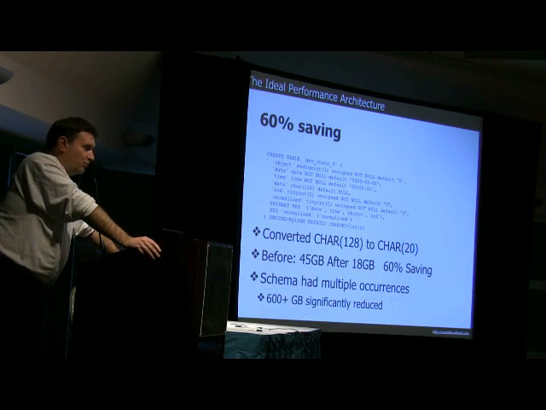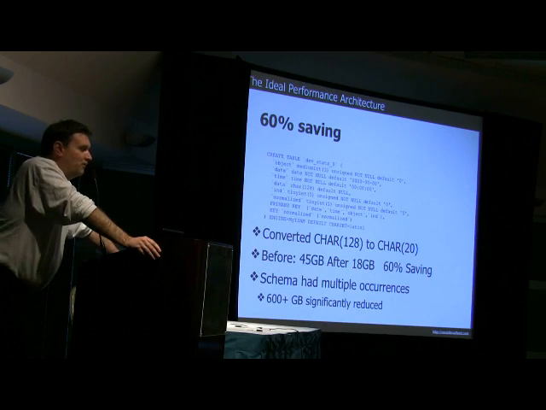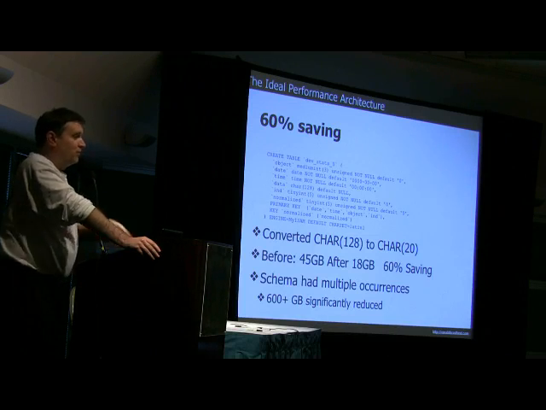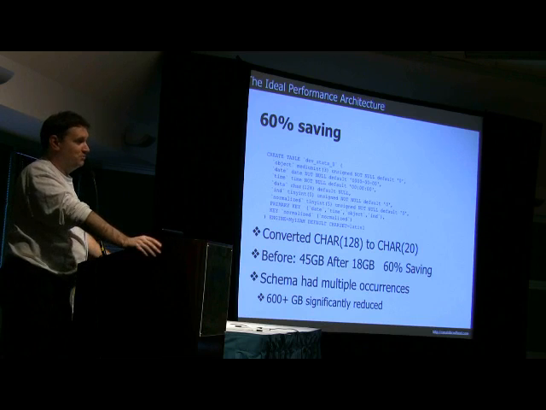Here's an example for an environment where the tables were in the hundreds of gigabytes in size. And I made one change because they had learned from a training person that char was a better indication of columns than varchar.